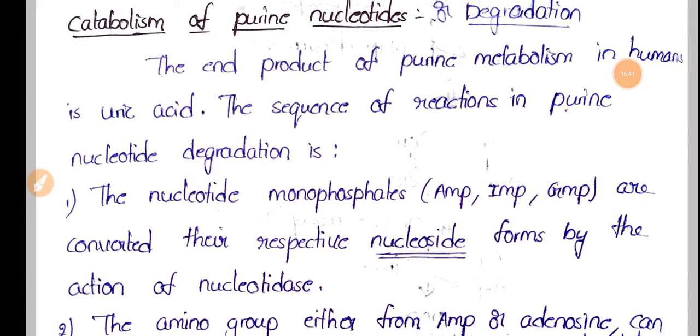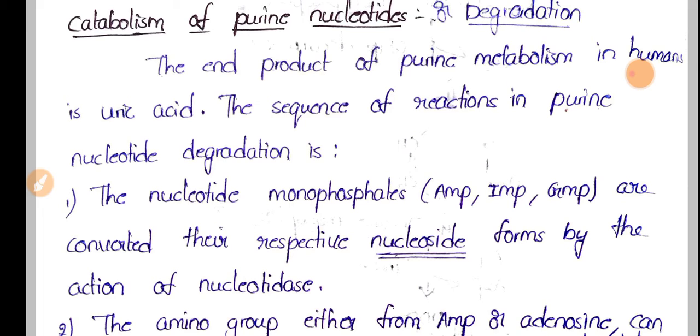Catabolism means nothing but degradation. Whatever purines or pyrimidines are produced in our body undergo metabolism, and after a certain time they enter the degradation process.